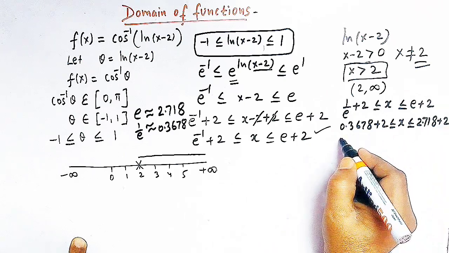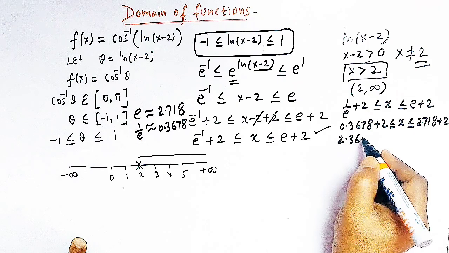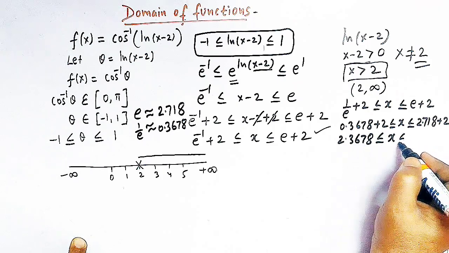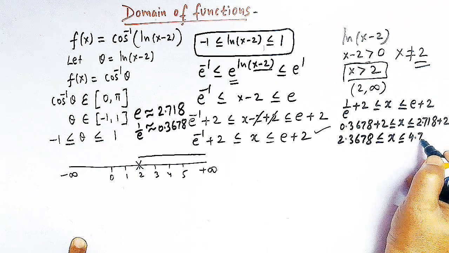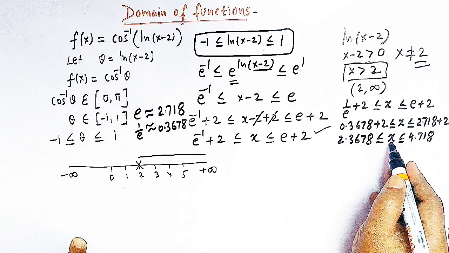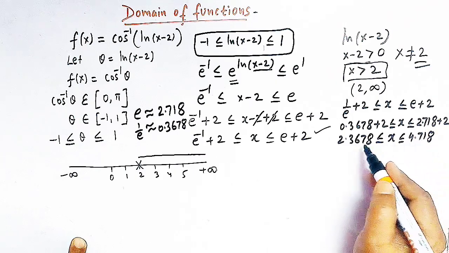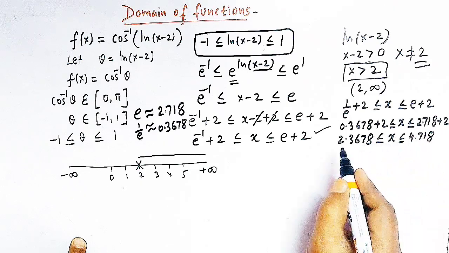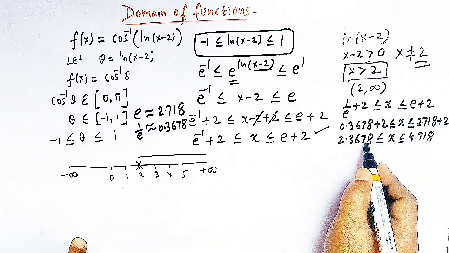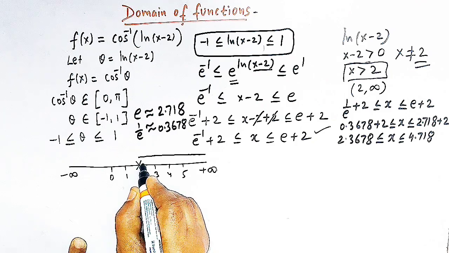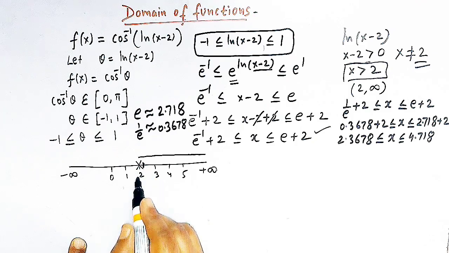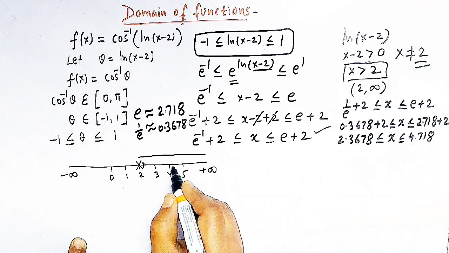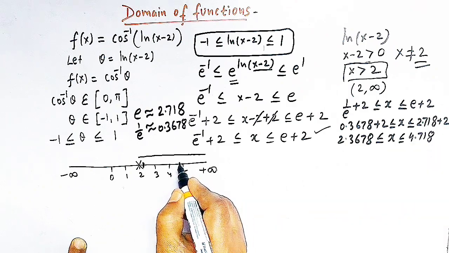So adding these two numbers, we have 2.3678, and here we have x, and here we have 4.718. So our x lies between these two numbers, including the endpoints, right? So 2.3678 lies somewhere here, right, between 2 and 3, and this number 4.718 lies somewhere here.